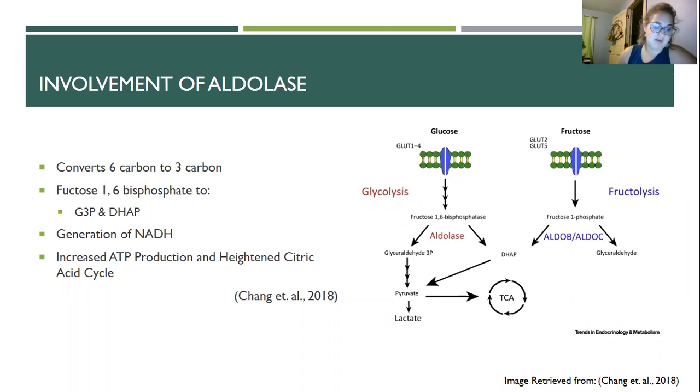which is dihydroxyacetone phosphate. And the creation of DHAP and G3P results in generating NADH by cytosolic metabolism. And this then gets reoxidized to NAD+, causing a reduction in both DHAP and G3P.